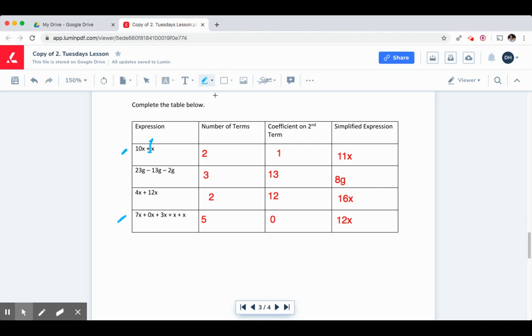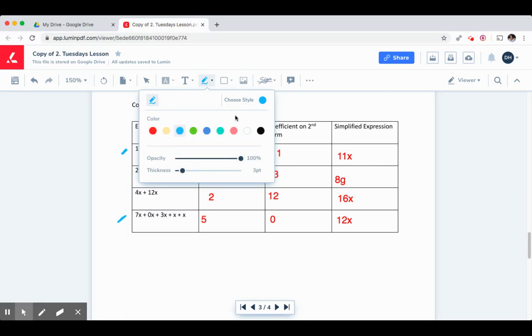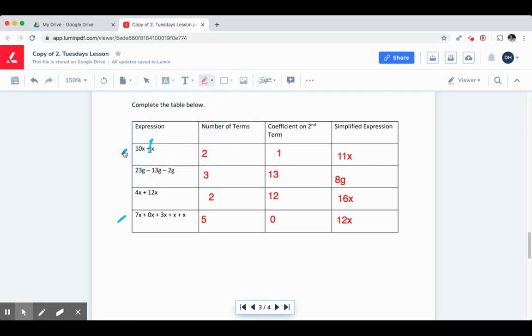There are 2 terms that are separated by that addition sign. 10x is one term and x is the second term. So there are 2. The coefficient on the second term is 1, because remember, when there's a variable by itself, the coefficient is always going to be 1. And last, simplified 10x plus 1x will get you 11x.